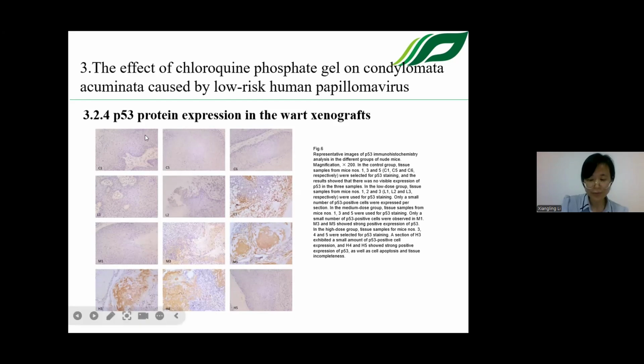Compared with the control group, the positive stain of p53 in the warts was significantly enhanced as the dose of the CQ increased. So that shows a dose-dependent relationship between p53 protein expression and the CQ.